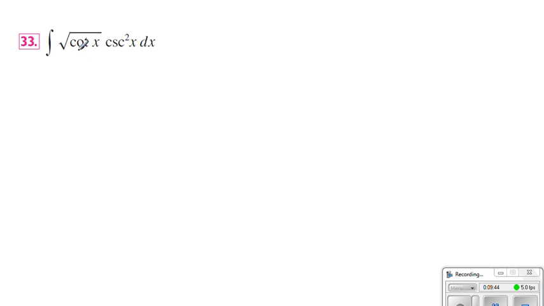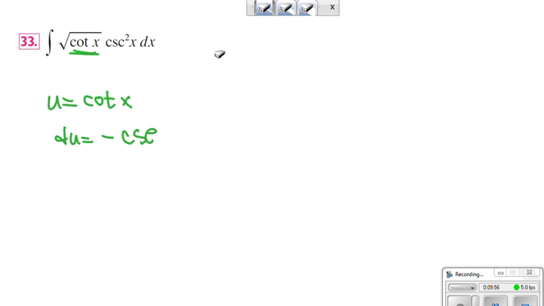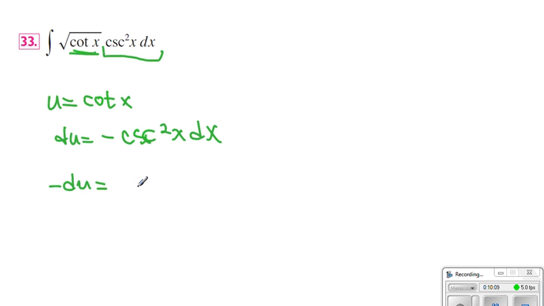All right, let us move on to the next question, number 33. Which one? That's right. Cotangent is what we're looking for. If you said u as cotangent of x, then du becomes negative cosecant square x dx. And we have everything except the negative sign. Then negative du is equal to cosecant square x dx.